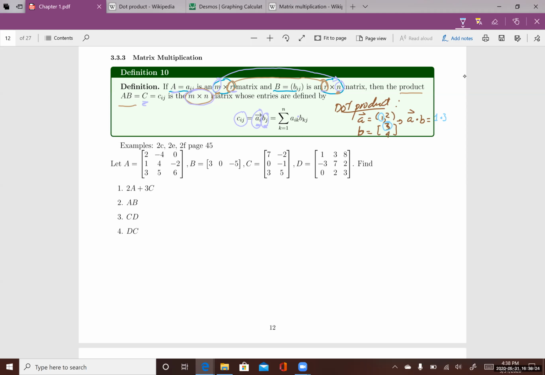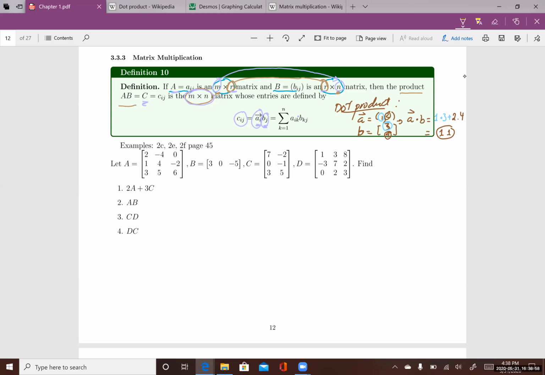This is the product. And I add the product of the second entry of row A and the second entry of column B, which is 2 times 4. So the result is 3 plus 8, which is 11. So you take the products of the corresponding entries of the two vectors and you add them all together. That is the dot product.